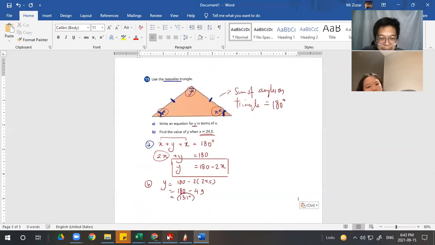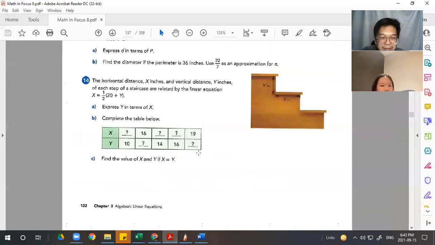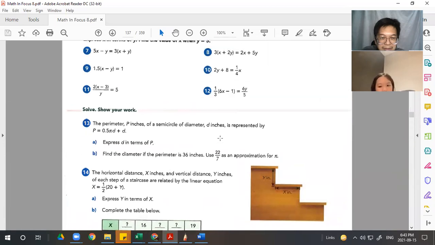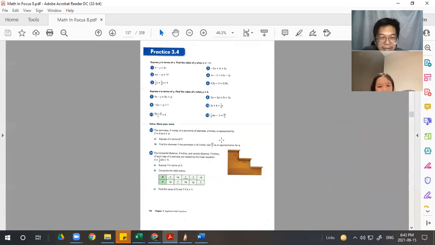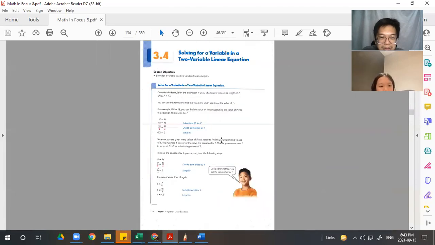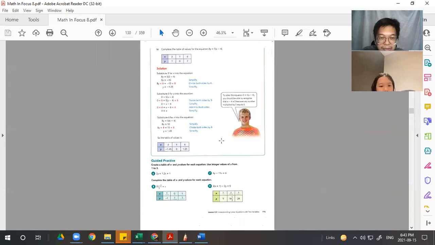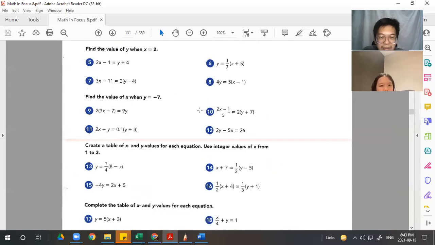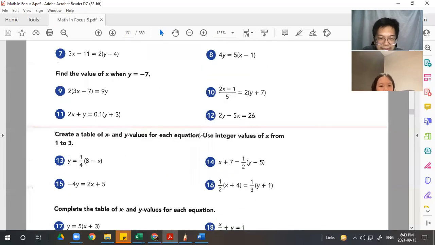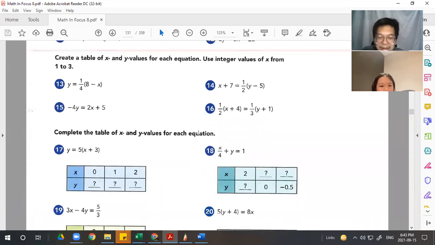An example of a word problem. Okay, Stacy, let me backtrack to the practice. I want you to do some of the questions. I don't ask you to do every question, because it's too much if you want to do everything.